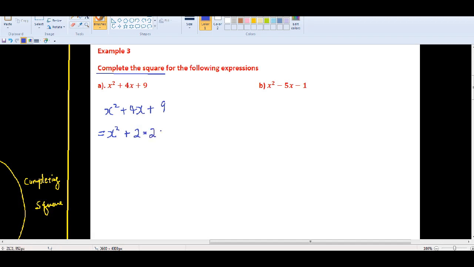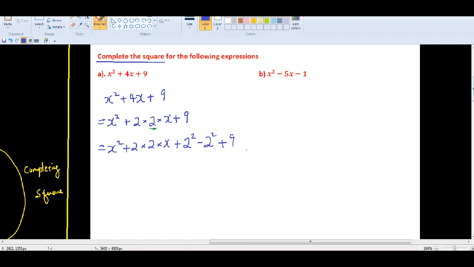Because that's 4x, it's 2 times 2 times x, plus 9. Here you've got your key number. Next line, x squared plus 2 times 2 times x. Since 2 is the key number, you add 2 squared and take it away immediately, and you keep that 9, which does nothing, it's idle.